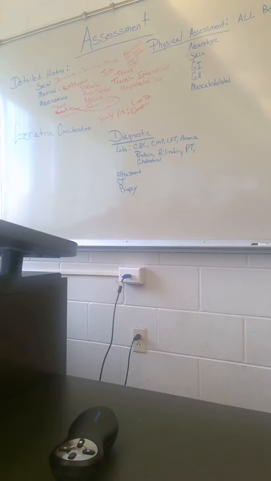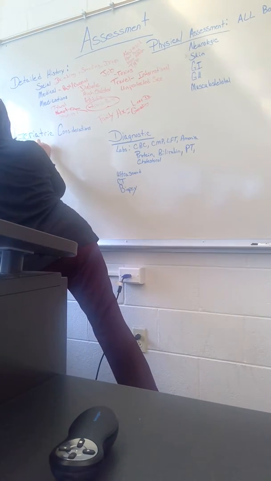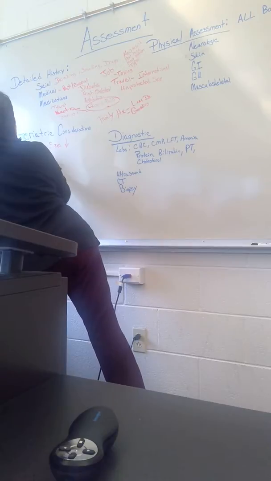So then let's talk about geriatric considerations. There's a chart in your book, 49-1, and it talks about geriatric considerations. What happens as we age? We've already established that everything decreases. So the liver size is going to decrease.